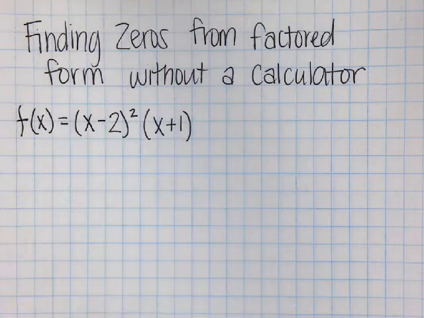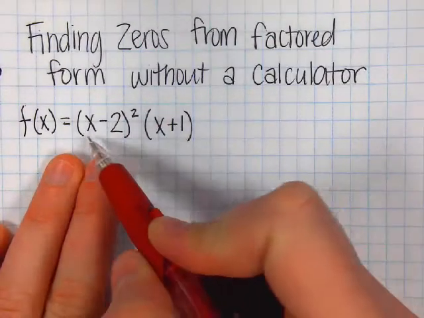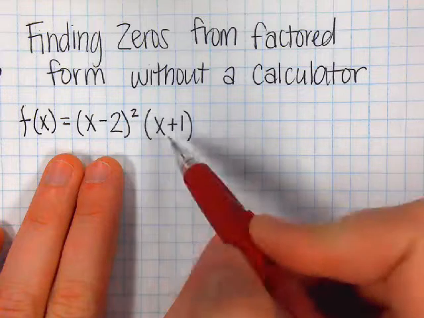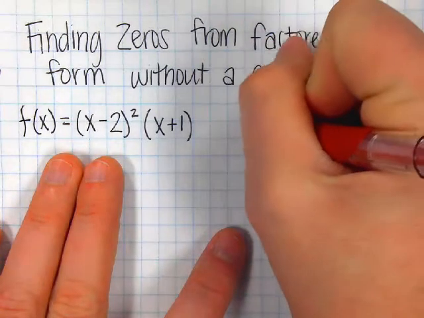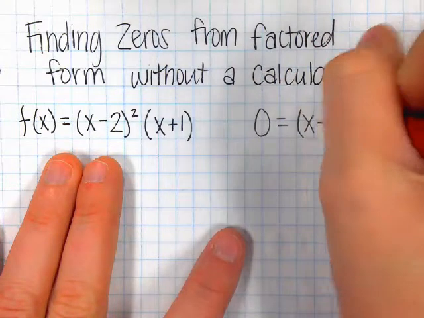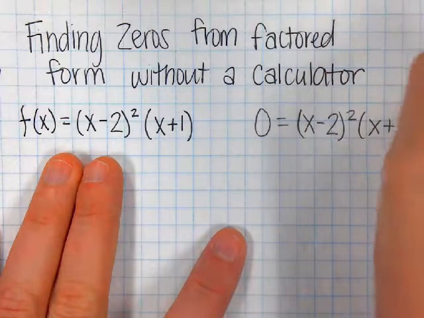So in order to find these, if I gave you this, remember this is factored form because it has the parentheses that multiply to get the information. So again, remember you set it equal to 0, and then x minus 2 squared and x plus 1.